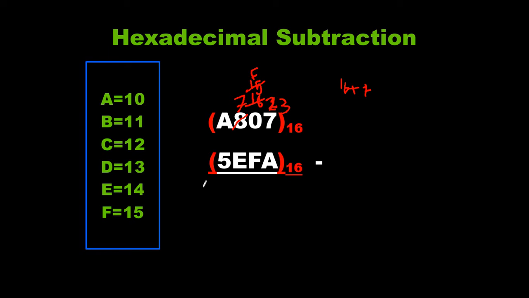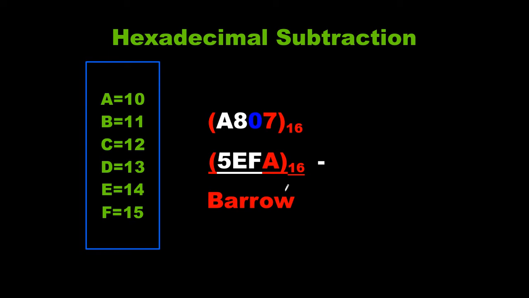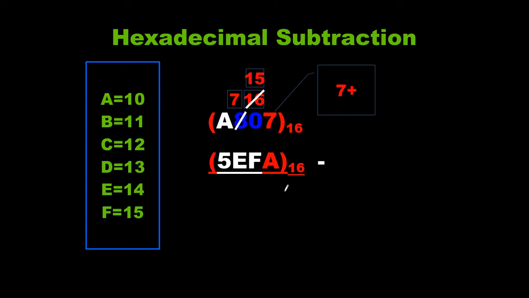How much did I borrow? 16. Now I borrow again. I have 15 left. 7 plus 16, I borrowed 16, so it's 23. 23 minus A, A is 10. 23 minus 10 is 13. 13 is D. Now 15 F minus F is 0. F minus F is 0.